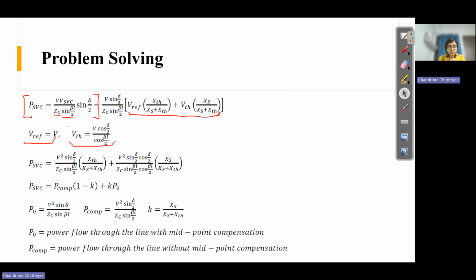So like this we can write, and there one variable is introduced, small k. What is small k? Small k is this quantity Xth by Xs plus Xth, and 1 minus k. So this is the whole expression of PSVC.